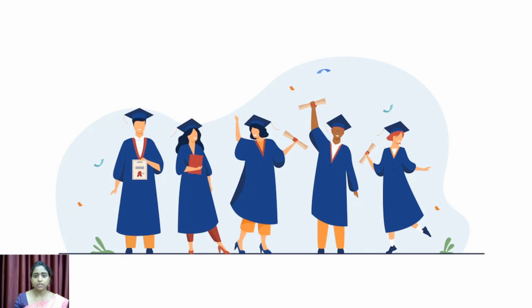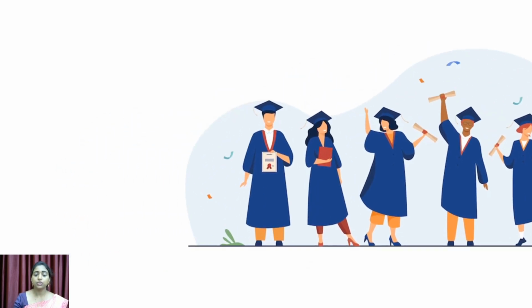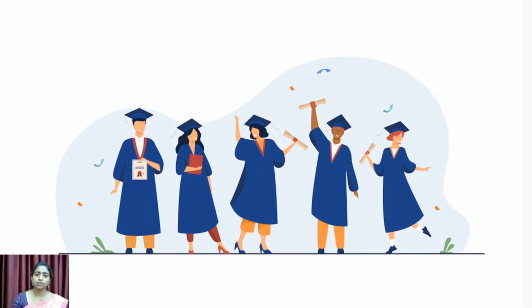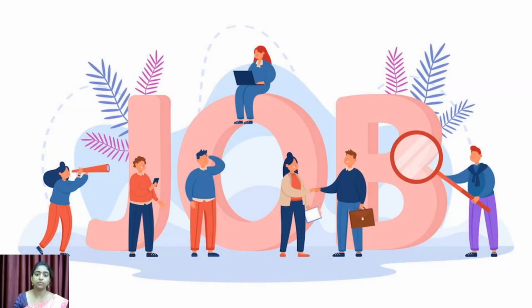If you have multiple degrees, then you'll have to tell them in order along with their universities or colleges. Then you will be talking about your work experience if you have any. About the work experience, you'll have to mention how many years you have worked and the place you have worked.